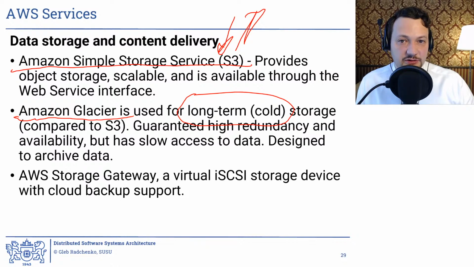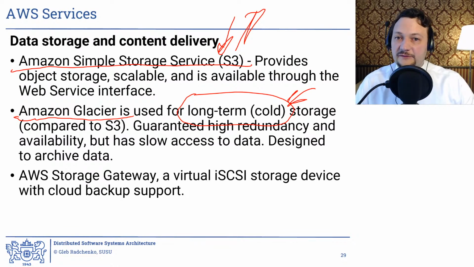Amazon Glacier works differently. You put huge amounts of data here, terabytes of data, your archive of media, and these terabytes of data are put here for archival purposes. For example, if you want to back up your data, you can use Amazon Glacier.